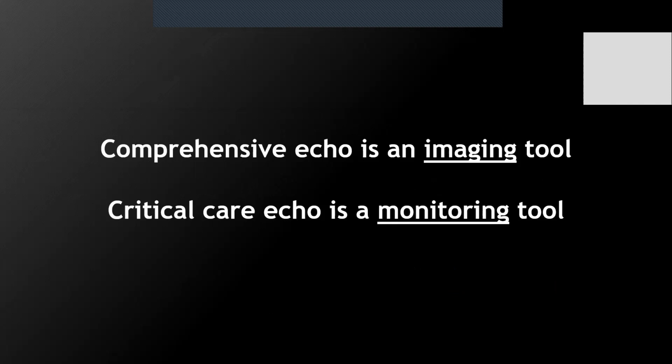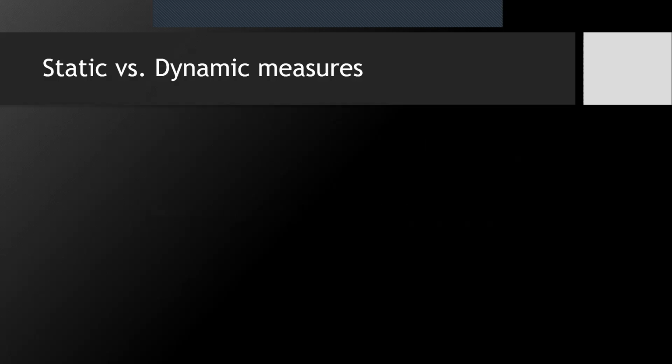So in a situation where you are trying to assess fluid responsiveness and you want to look at a heart before and after, that's not something that you're going to be able to get formal echoes for. And so this is one of the unique applications where critical care echo is doing something that comprehensive echo cannot, because it's just not as available because critical care echo in the right hands is available and useful when you're able to make a serial exam and monitor a response to a change.